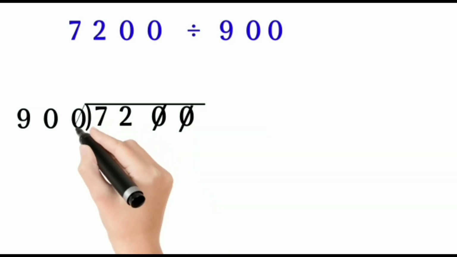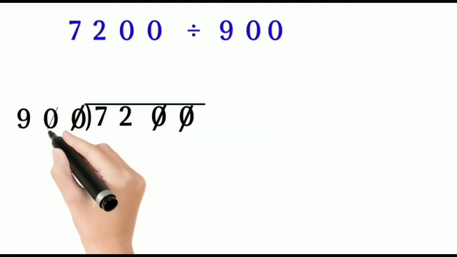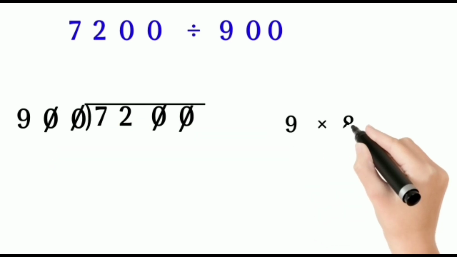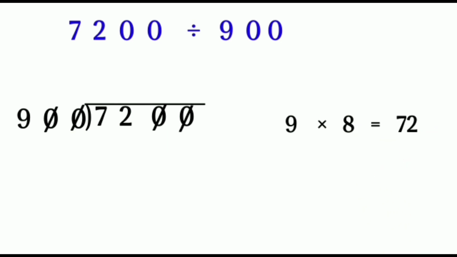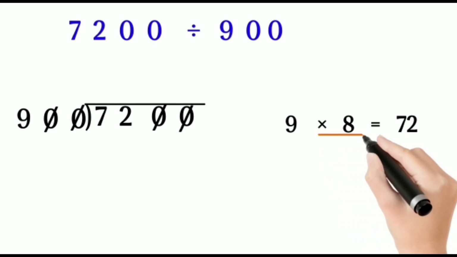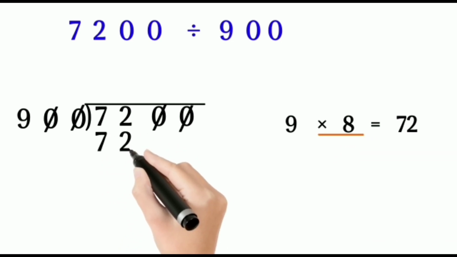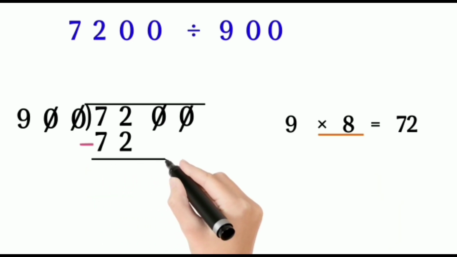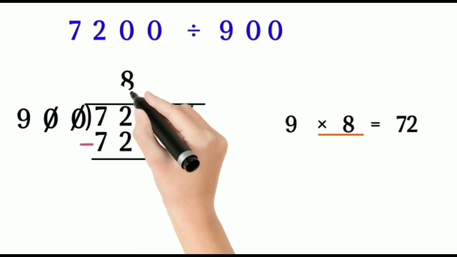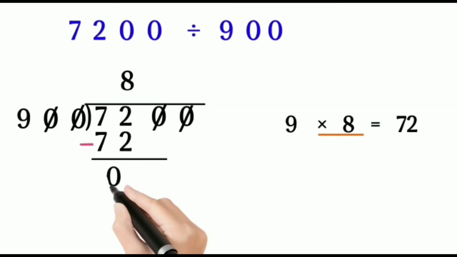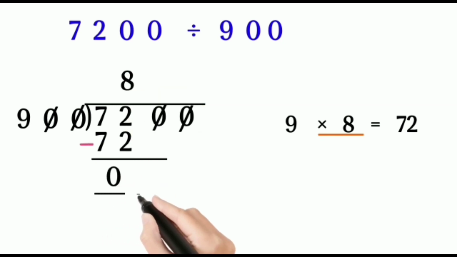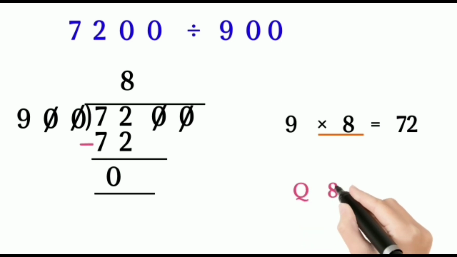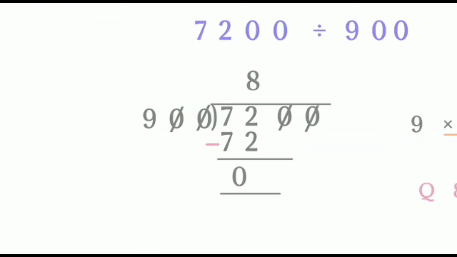Then we remove the zeros from the divisor. Then we get 9 as the divisor. How many 9s are present in 72? 9 8s are 72. Write 8 in the quotient and 72 below the 72, then subtract. The quotient is 8 and remainder is 0.